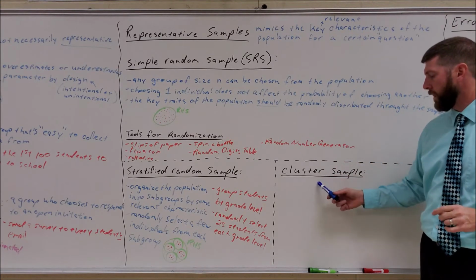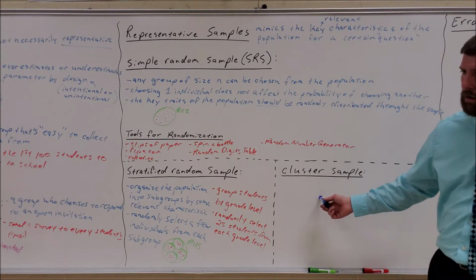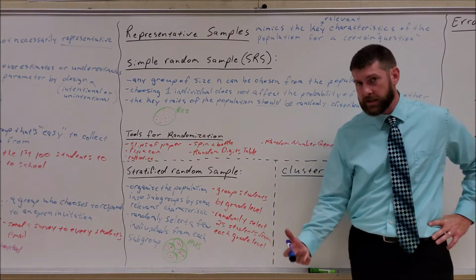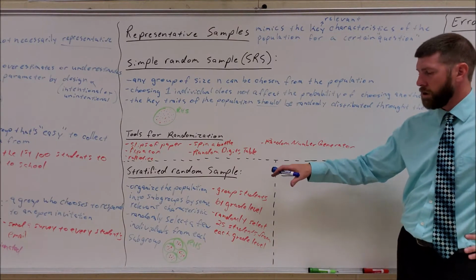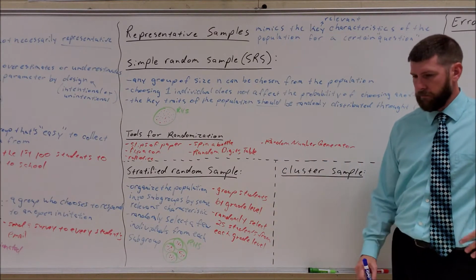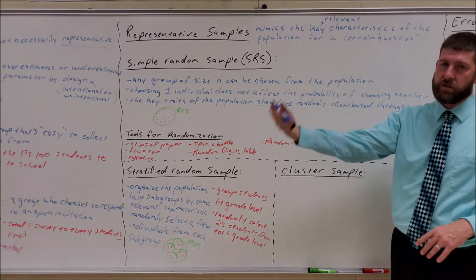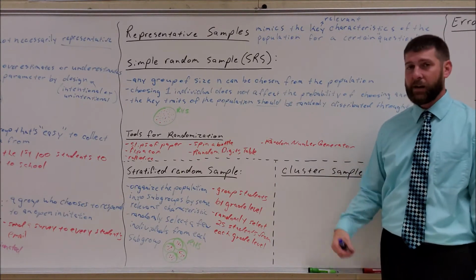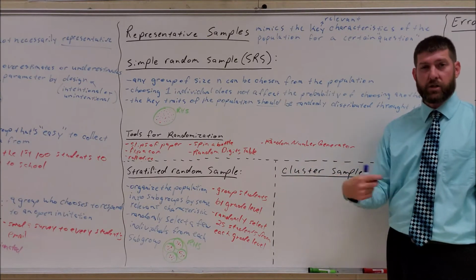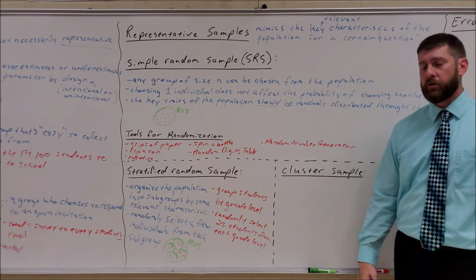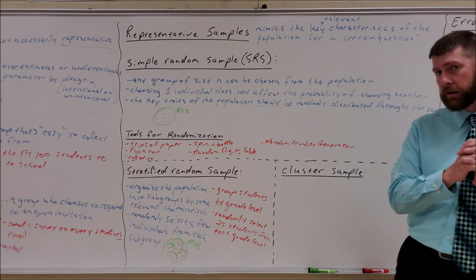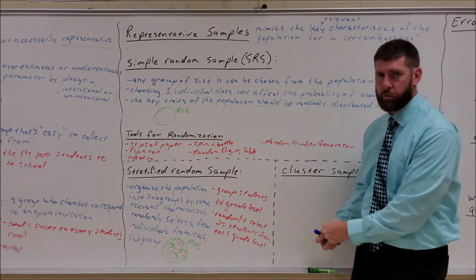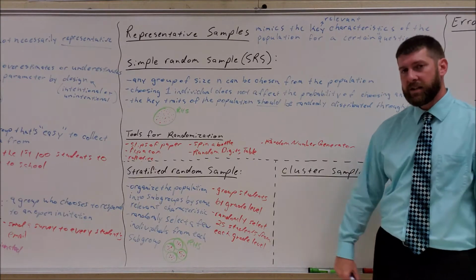So if I'm wanting to survey about an upcoming election, like statewide, maybe I don't want to just do it males and females, or just Republicans, Democrats, Independents. Maybe I think where you live plays a role in how you're going to answer this question. So maybe people in the cities will probably have a different preference for a candidate versus people in the suburbs versus people in the rural areas. So those could be clusters.